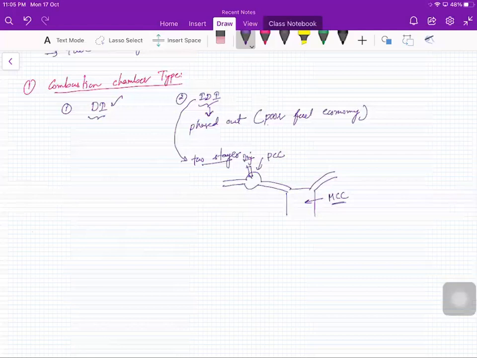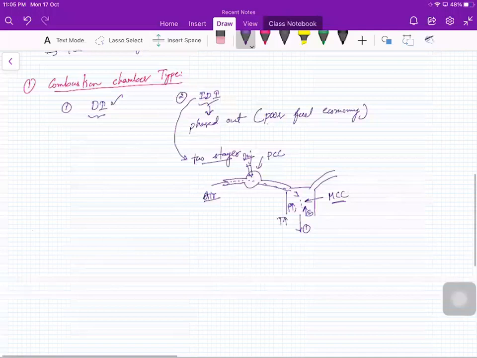Now when the piston moves from TDC to BDC, that is the suction stroke, the air is sucked inside through your inlet and starts moving inside the combustion chamber. Once the piston starts moving upward, from BDC to TDC, the pressure increases, and if the pressure increases, the temperature increases.